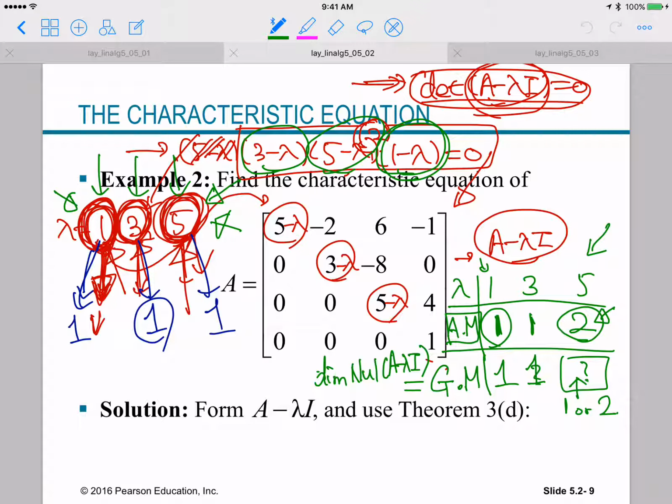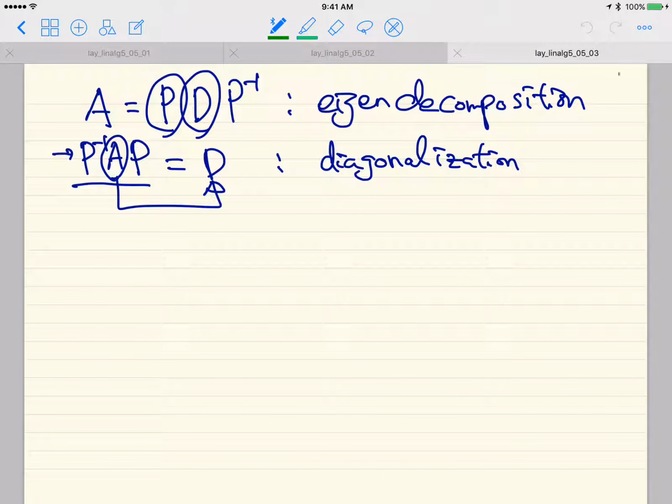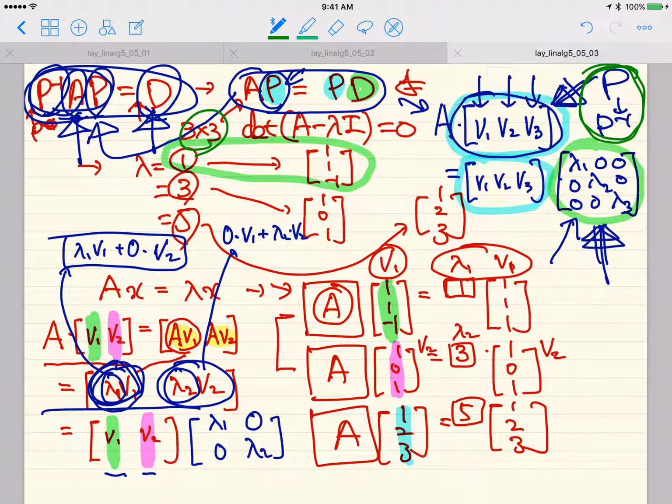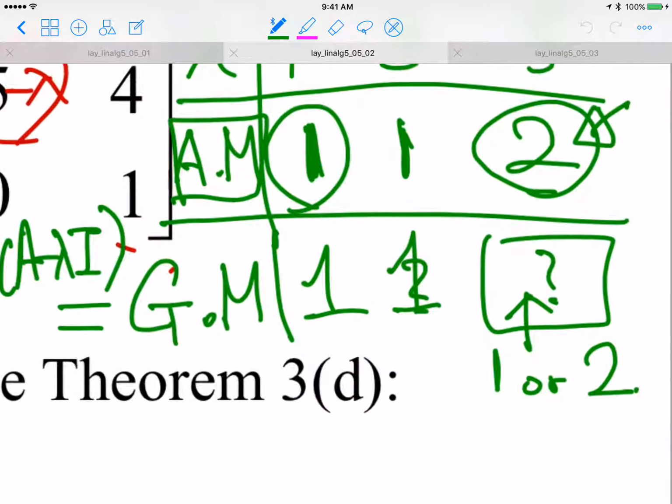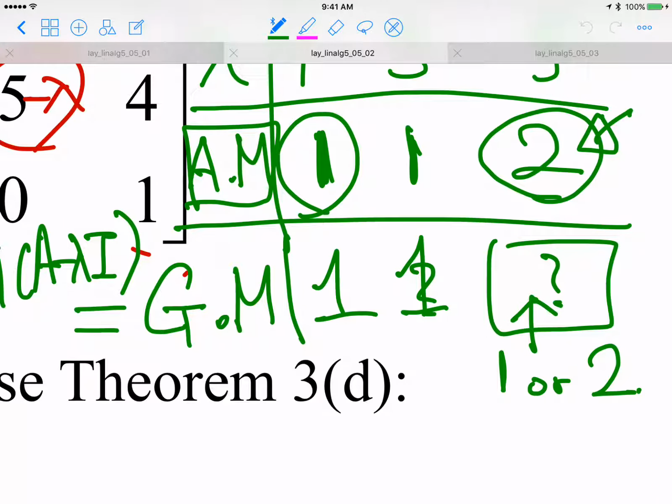Okay, so that's when you can obtain this eigendecomposition and also this diagonalization. So when will your matrix A have fewer than 4 eigenvectors? That's related to geometric and algebraic multiplicity.